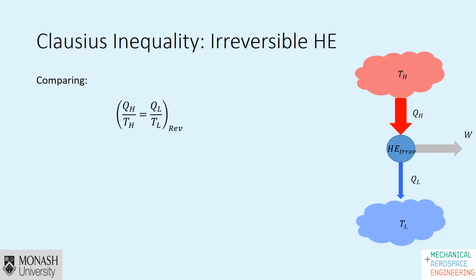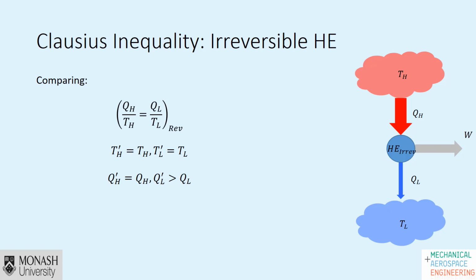What does this mean for our cyclic integral? Well, in the reversible case, we saw from our definition of thermodynamic temperature that QH on TH was equal to QL on TL. Now, our TH and our TL are the same as they were before. Our QH is the same as it was before, but we are rejecting more heat in the irreversible case than the reversible case.